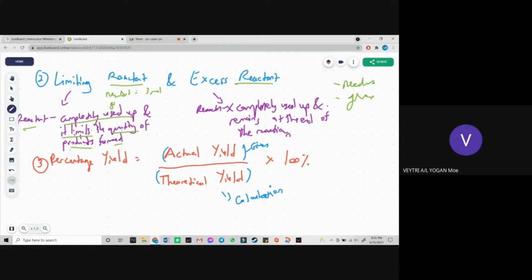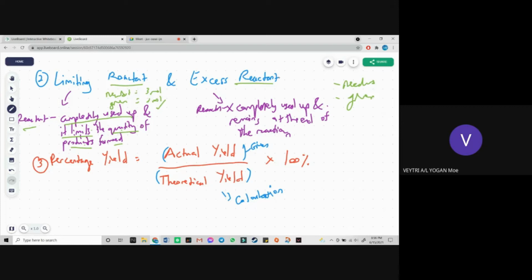Tapi, given hanya 2 mole. Jadi, dia akan menjadi limiting reactant. Maksudnya lepas 2 mole ni habis, reaction tidak akan berlaku sudah. Confirm reactant semua akan habis. Product is formed, but we don't know how much because it depends on your calculation. Remember, concept needed given ini.